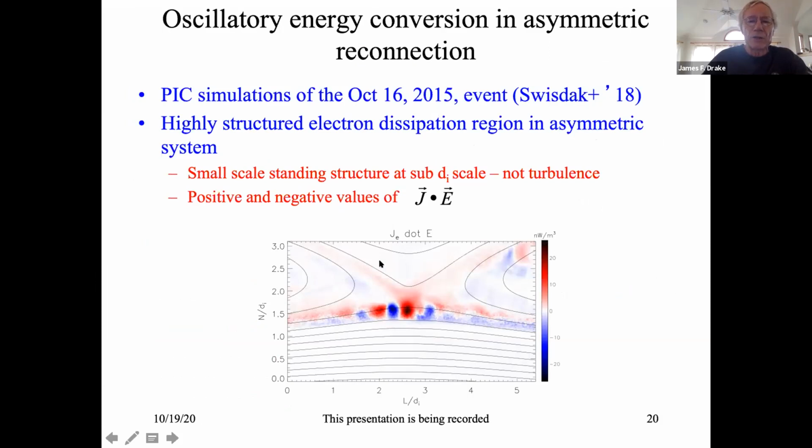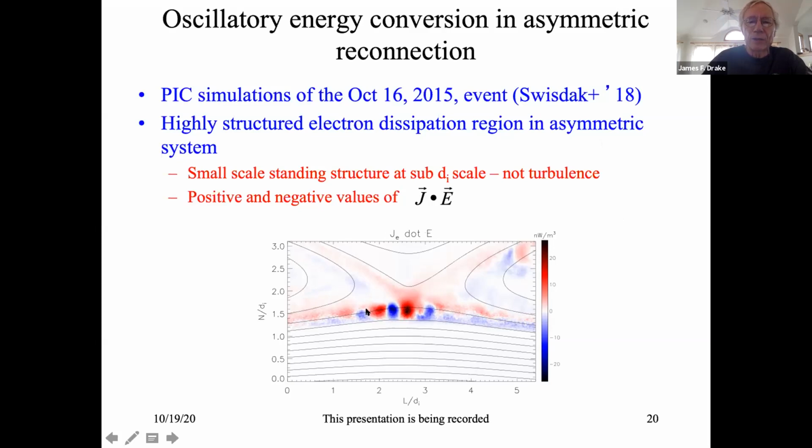And the answer is that instead of getting a nice, smooth dissipation region, you actually see a dissipation region in which the J dot E, the dissipation, looks like this weird plot here, with extremely large positive and negative values, which are the same order of magnitude as seen in the MMS data.